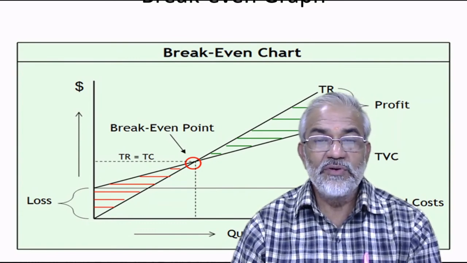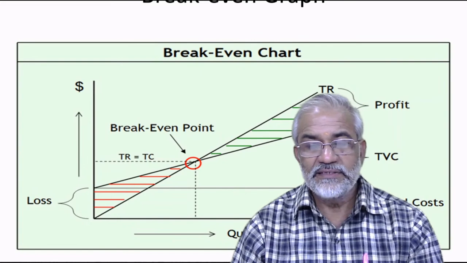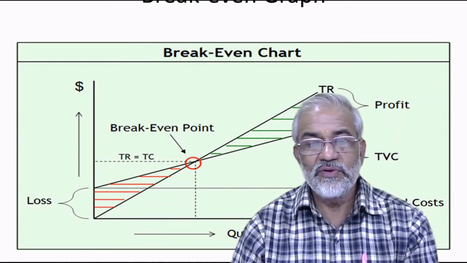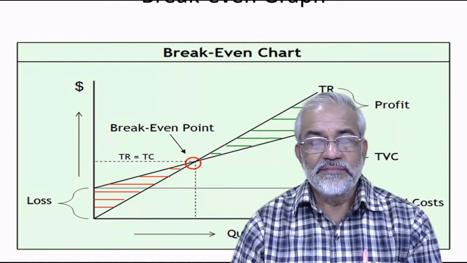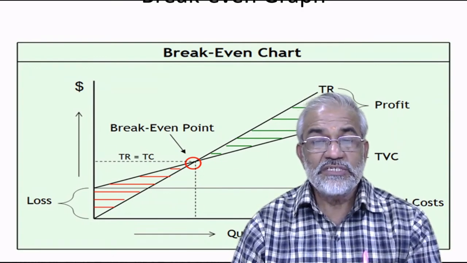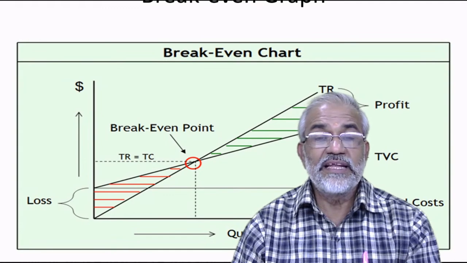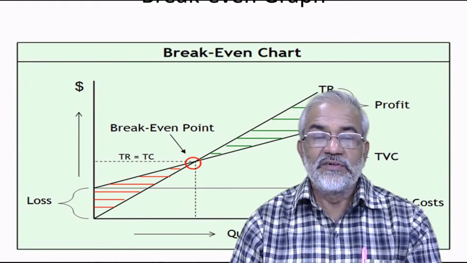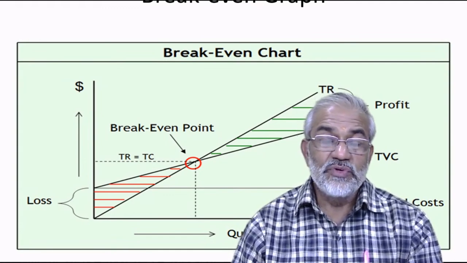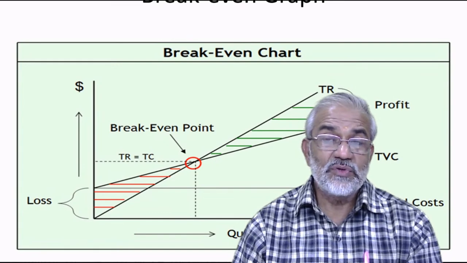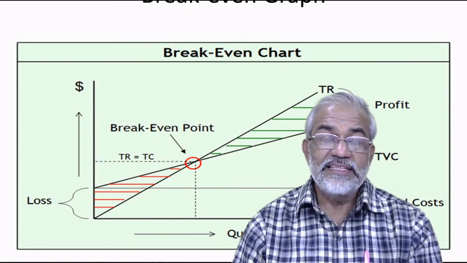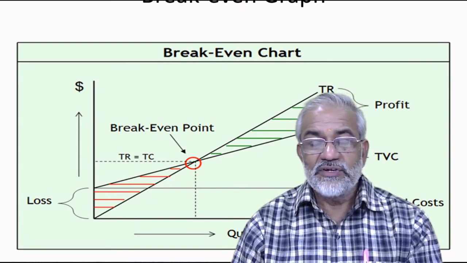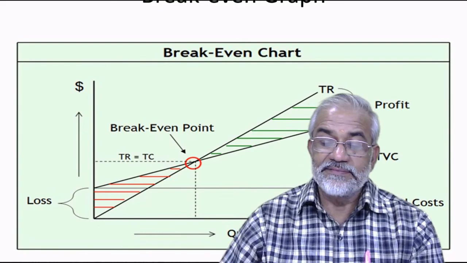The total variable cost and total fixed cost, both included therein, make up the total cost. The point at which the total cost is intersected by the total revenue line is called the break-even point. And this angle is called the angle of incidence.